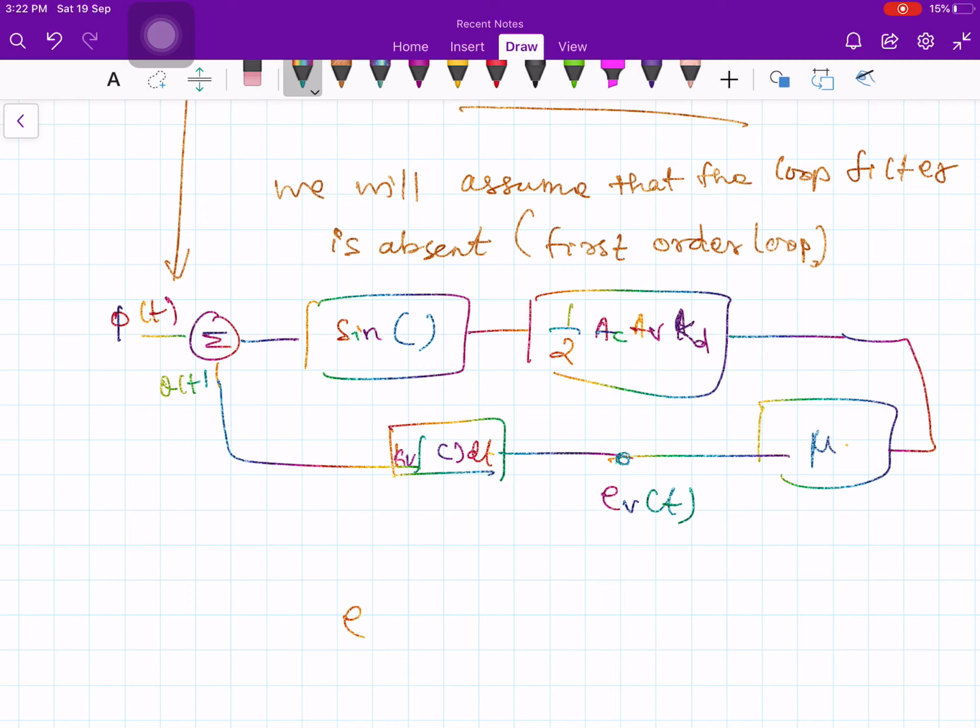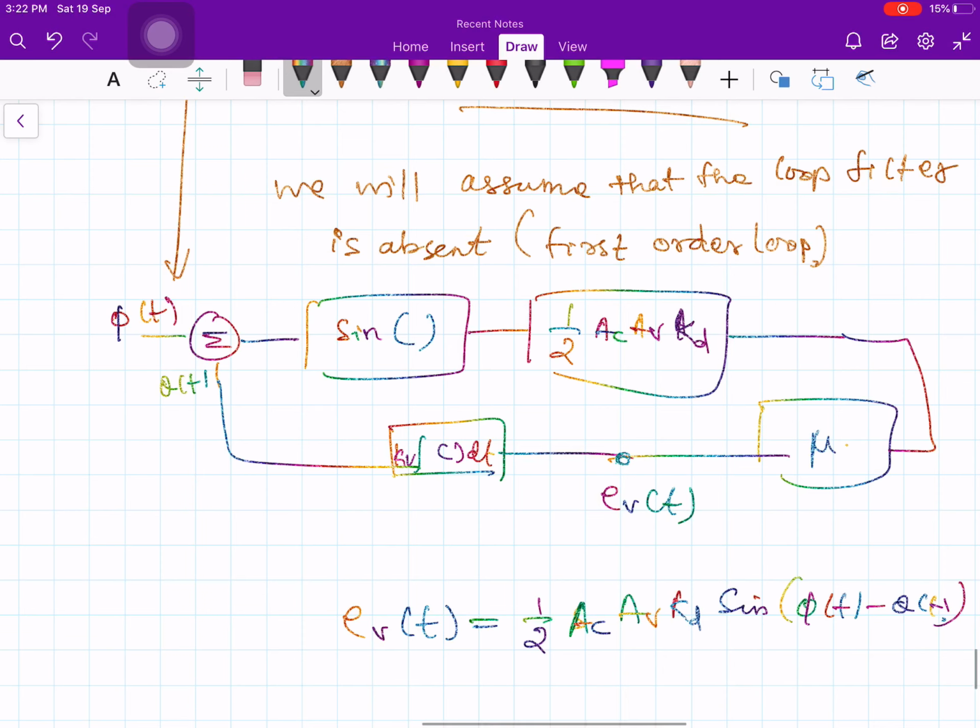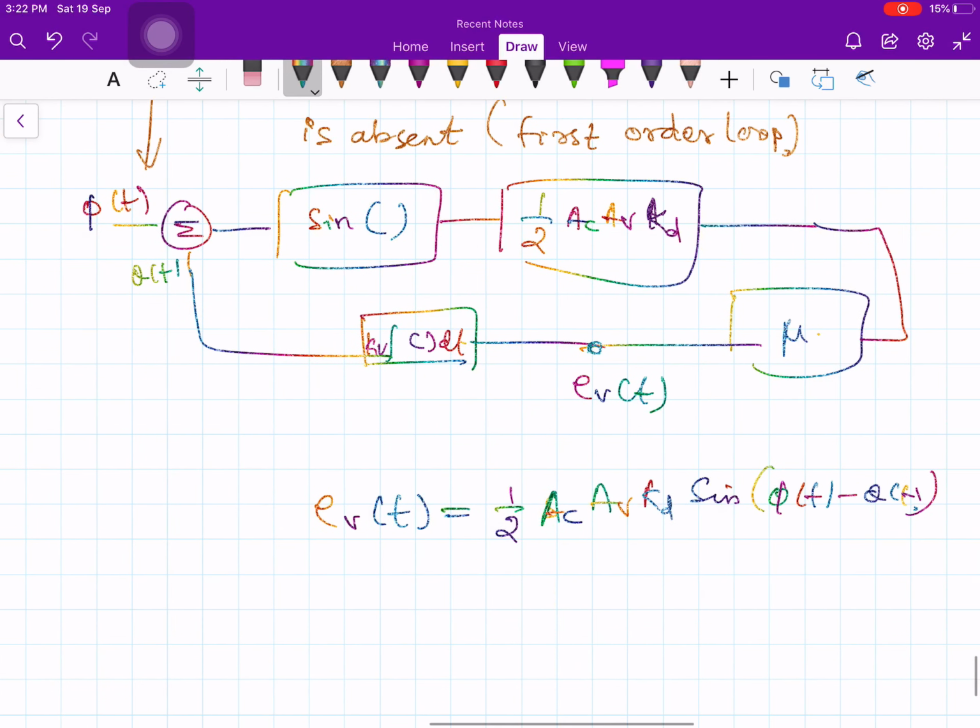What is my EV of t? EV of t is equal to 1 by 2 AC AV KD times sine of phi of t minus theta of t. Okay, now let me denote this complete thing by k suffix t. So k suffix t times sine of phi of t minus theta of t.